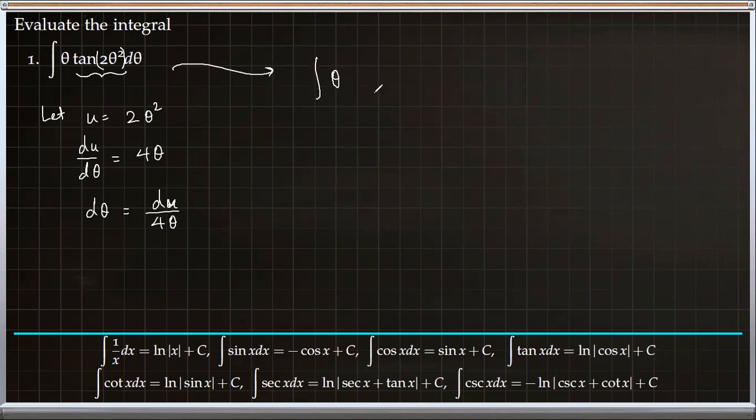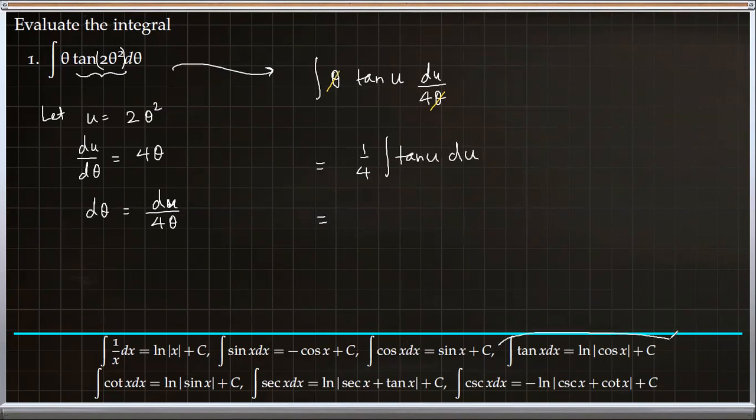So therefore, this integral becomes: I'm going to write theta as it is. Then we have tangent of u, since we are letting 2 theta squared be u, and d theta is du over 4 theta. So it looks like theta goes away, and we are left with 1/4 integral of tangent of u du. Now we look at the formulas.